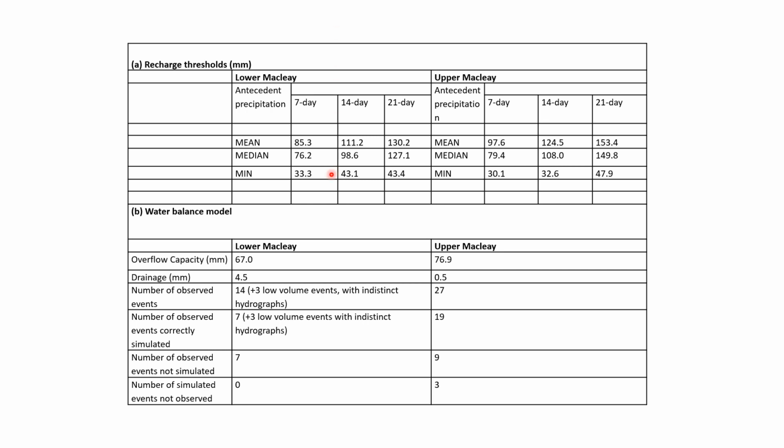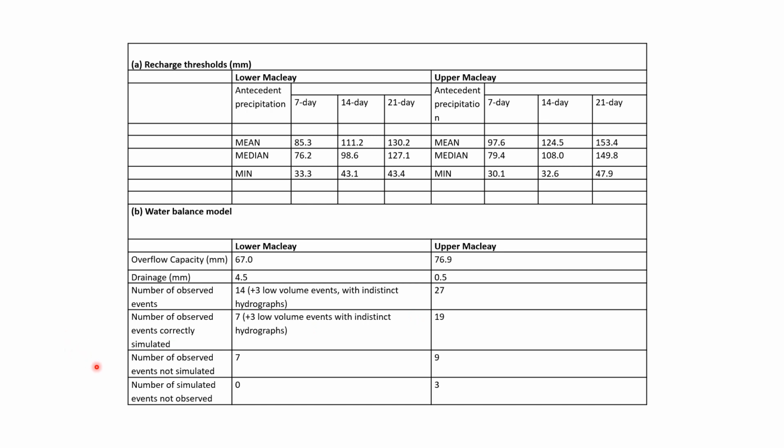Now we can look back at the summary table and the bottom half where we look at the water balance model output. And this summarizes the Lower Macleay and Upper Macleay for the overflow capacity, showing it was lower in the Lower Macleay, the drainage term, which was higher in the Lower Macleay, the number of observed events and how many were correctly simulated. So here we have 7 out of 14 in the Lower Macleay, 19 out of 27 in the Upper Macleay.